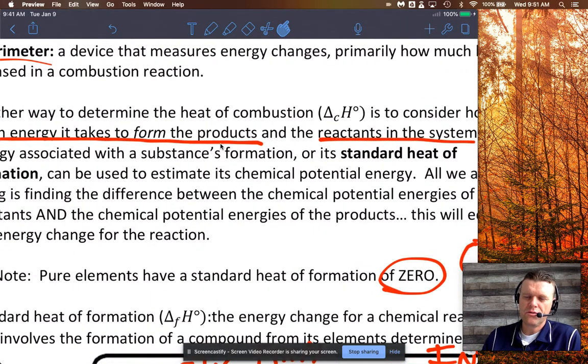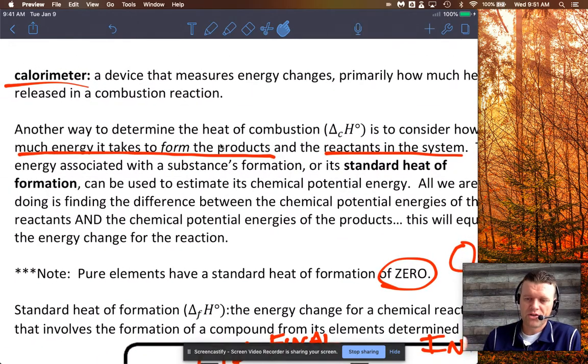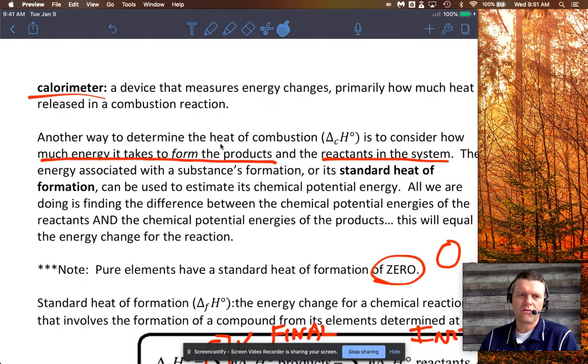And if we use that measurement, then that would equal the amount of energy that is released. So it was a really genius way to look at this problem, to look at the formation, how much energy it takes to form these products, because the energy that it takes to form them will equal the amount of energy it takes to break them apart. I mean, that's simplifying it a little bit, but if that helps you understand it.